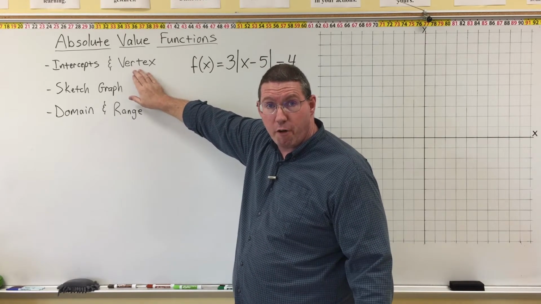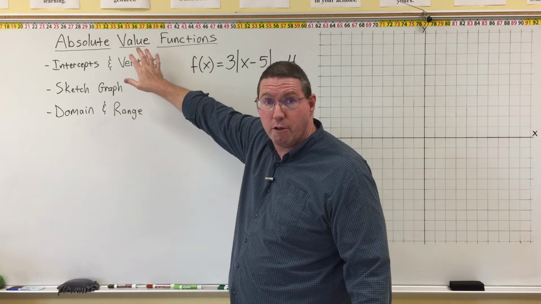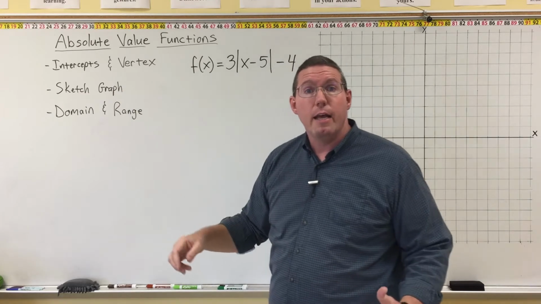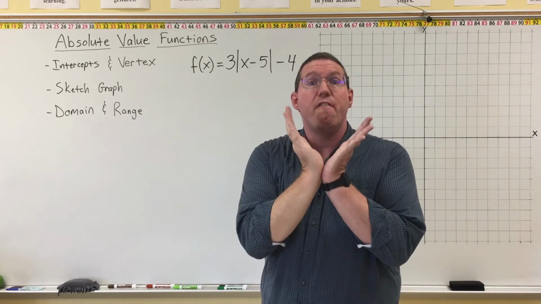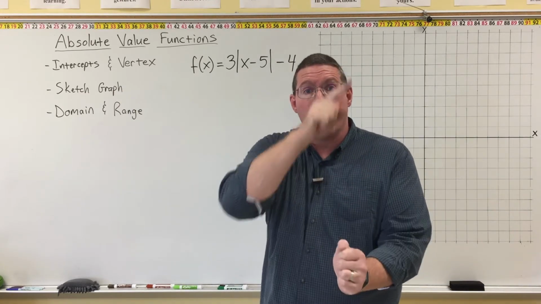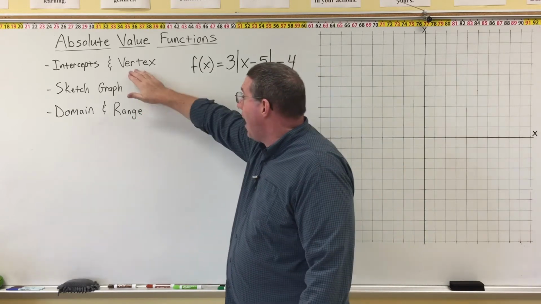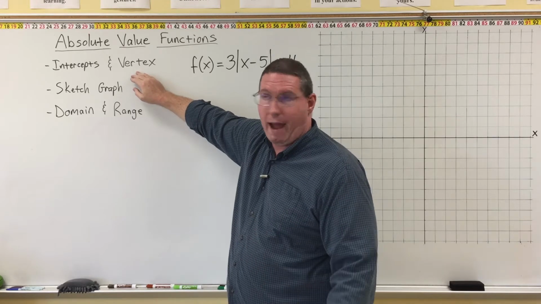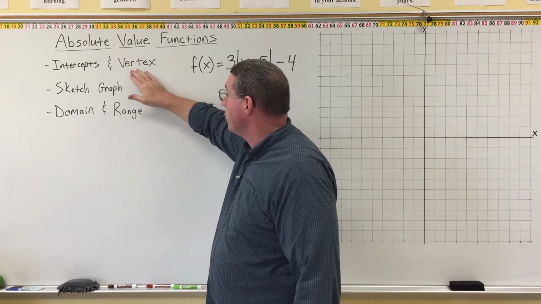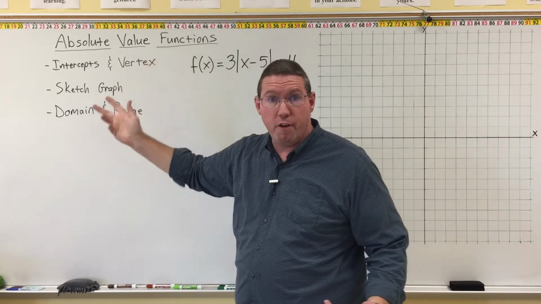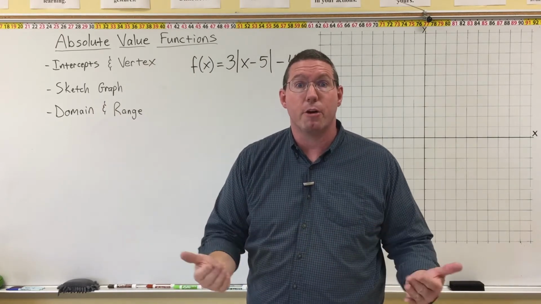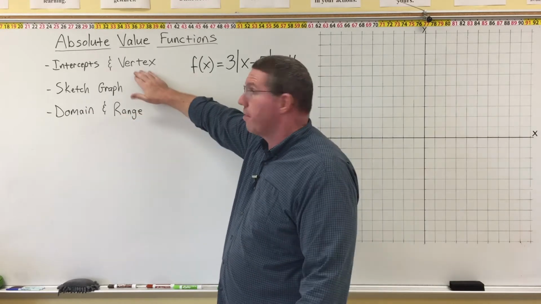The reason that a vertex exists in an absolute value function is because instead of just being a straight line, it becomes a shape of a V, and so kind of like a parabola, it has a single point that's either at the bottom or the top of the graph. So there's going to be a vertex. Also, absolute value functions, just like quadratic functions, are symmetrical. They're like a mirror image of each other around their vertex.